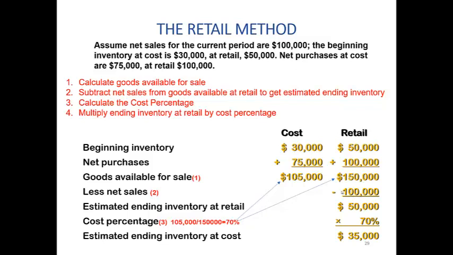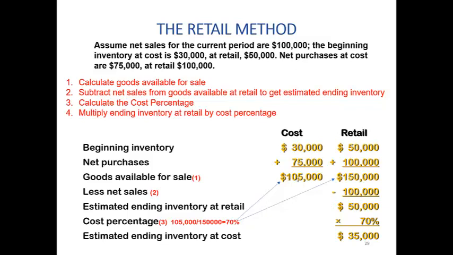These sales actually represent the cost of goods sold at retail price. So if we subtract the net sales from our goods available for sale at retail, we'll get our estimated ending inventory at retail.